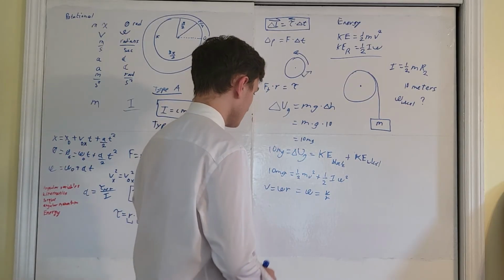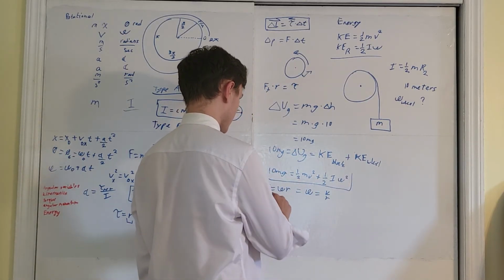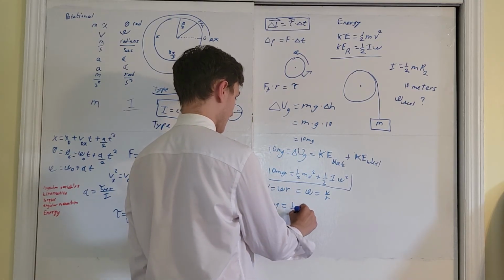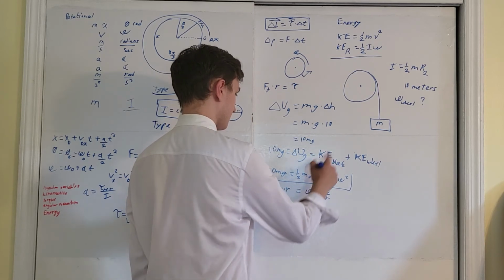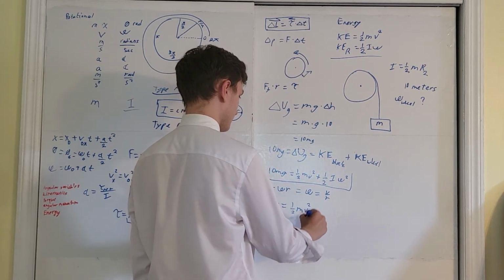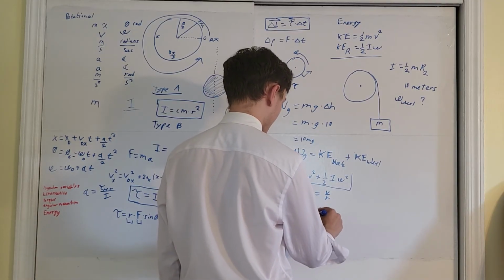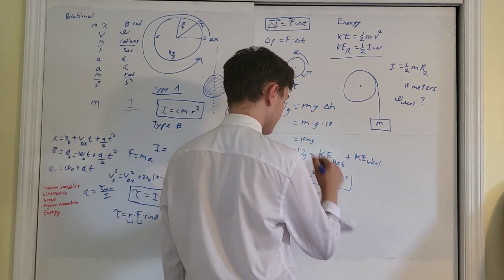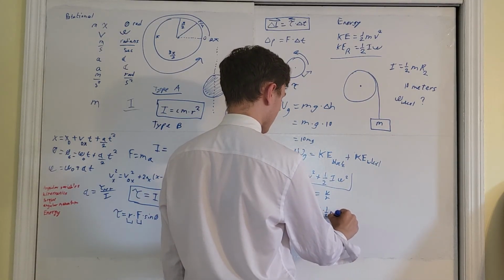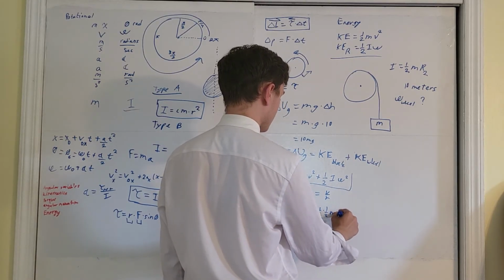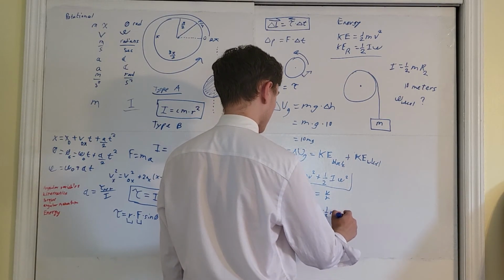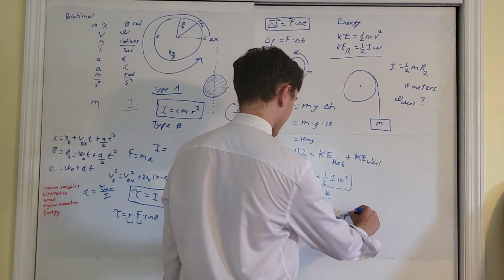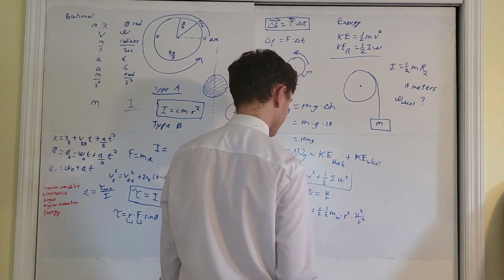Then we can rewrite this relationship as 10 mg equals 1/2 the mass of the block times the velocity of the block squared, plus 1/2 times the moment of inertia, which is 1/2 times the mass of the wheel, which we'll call m sub w, times the radius of the wheel squared, times omega squared, which we will write as v squared over r squared.